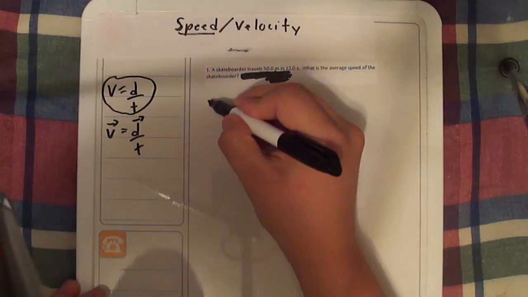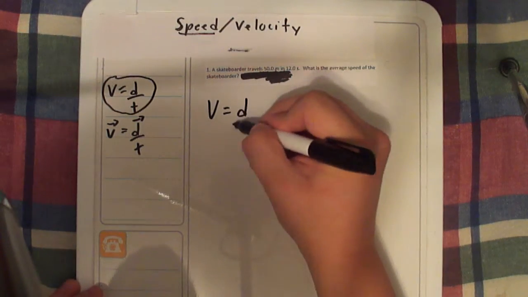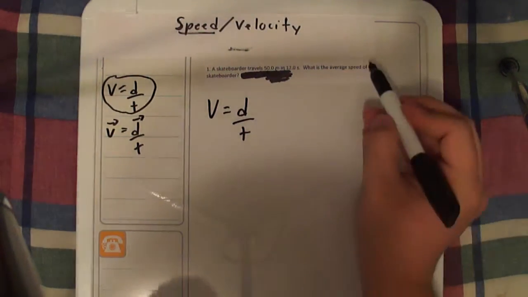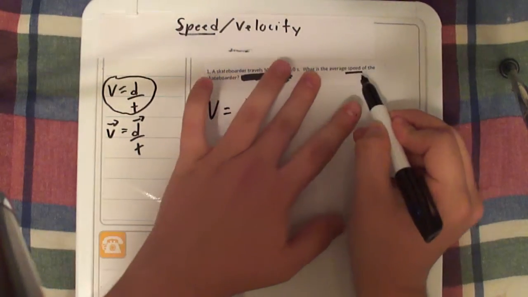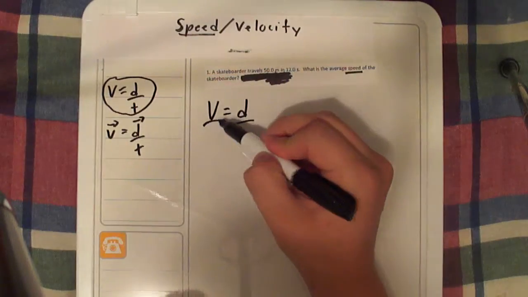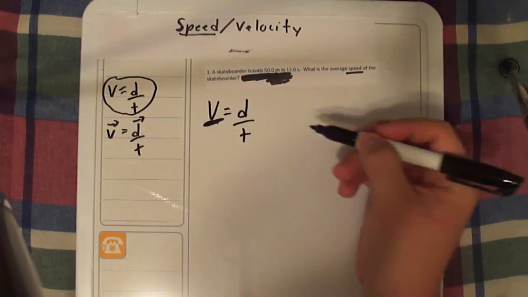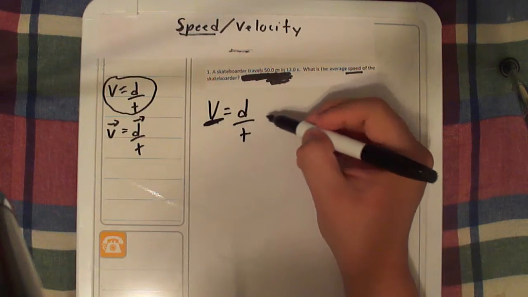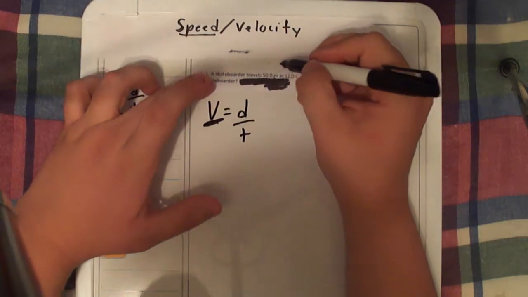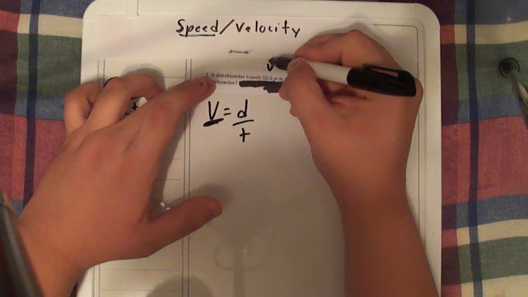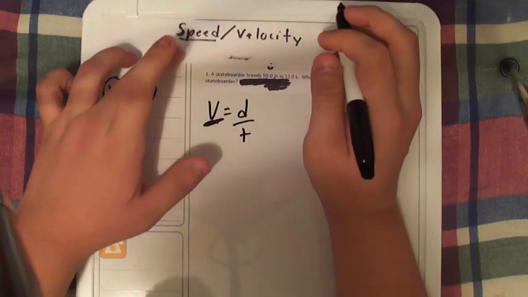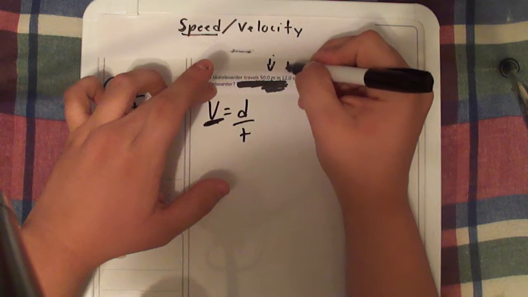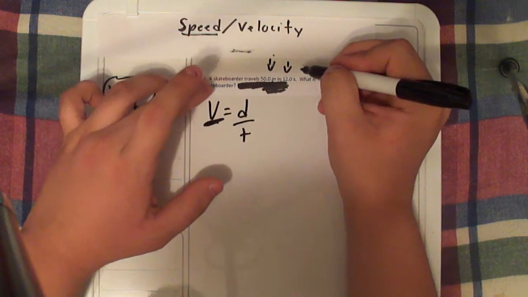So we're going to start out with our v equals d over t. We are looking for the average speed of the skateboarder, so we're already arranged properly for our equation. We already have our distance and our time.